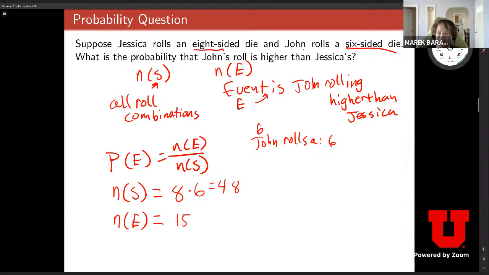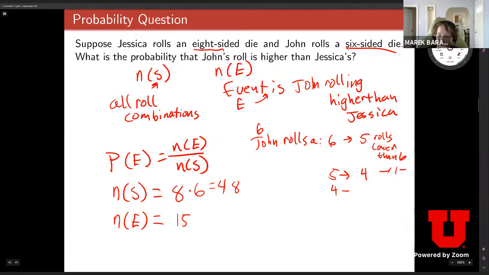Yeah, it's going to be a pain with a d20. So if John rolls a 6, then there are 5 rolls lower than 6. Similarly, for 5, we have 4 lower rolls.